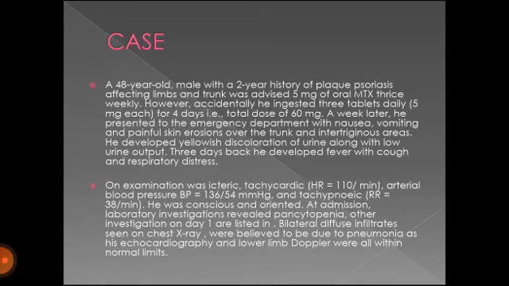He was conscious and oriented at admission. Investigations revealed pancytopenia. Bilateral diffuse infiltrates were seen on chest x-ray, believed to be due to pneumonia, as his echocardiography and lower limb Doppler were all within normal limits.